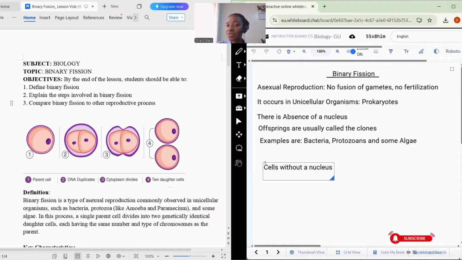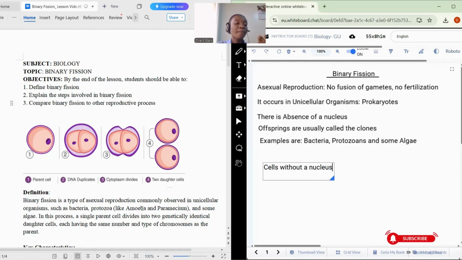So examples of organisms that exist this way, we have bacteria, we have protozoans, we have some algae. So these organisms I made mention of, they are actually unicellular organisms. That is, they just exist as one cell.